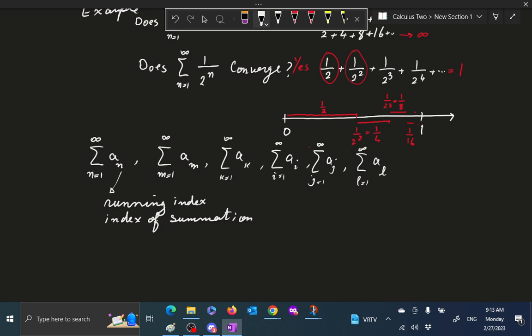Sometimes it might be pejoratively referred to as a dummy index. You notice that n is not part of the answer. N is just a counter for us that's helping us to count elements of a list.